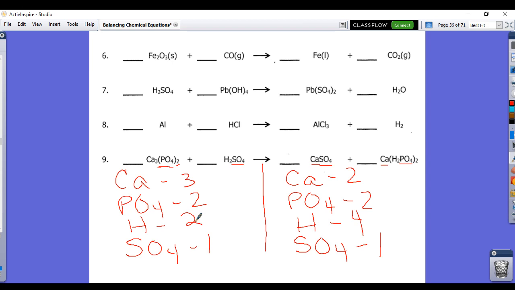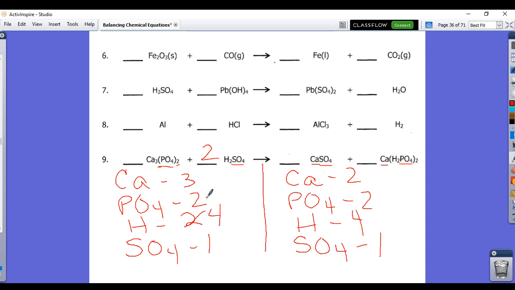So let's look at the hydrogens. There's 2 here and there's 4 here. So we can make this hydrogen right here a 4 by putting a 2 in front of it. So now we have 2 times 2 is 4.